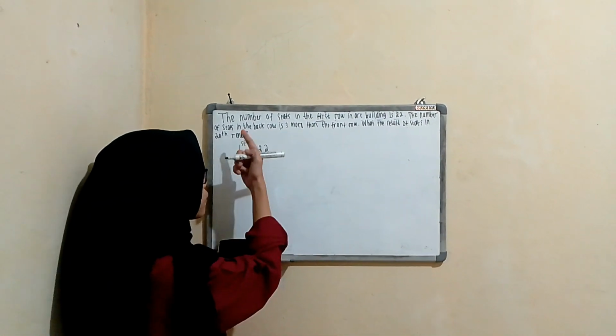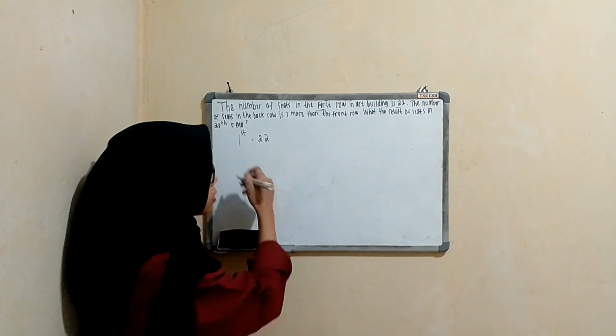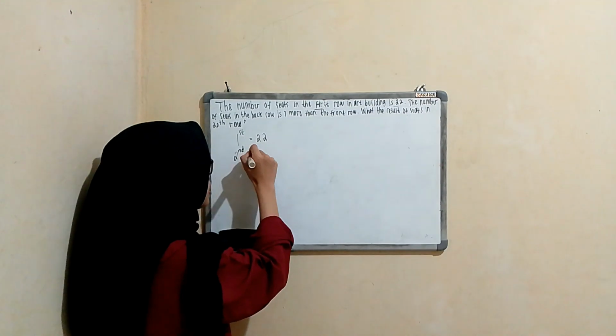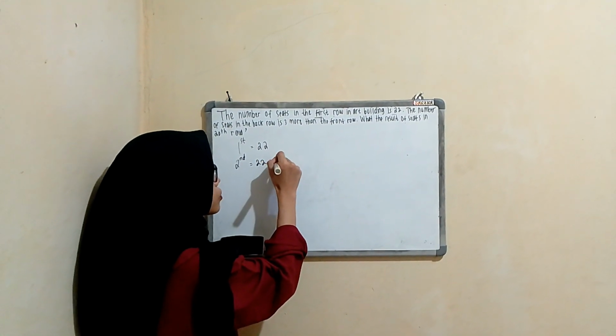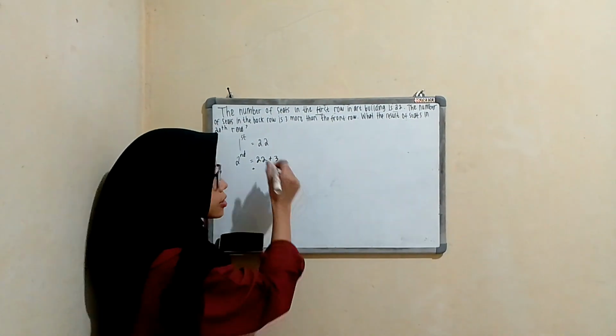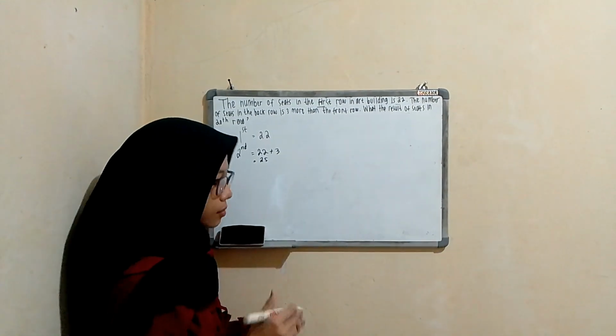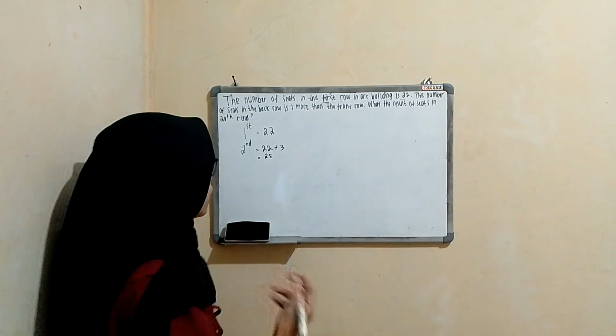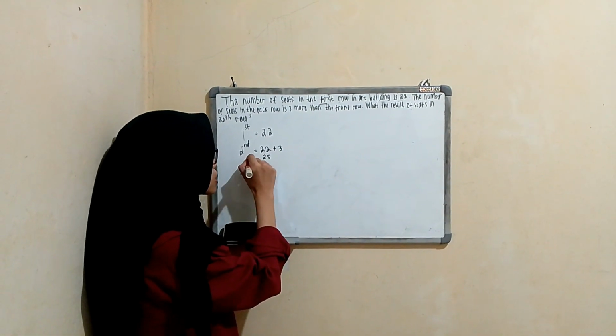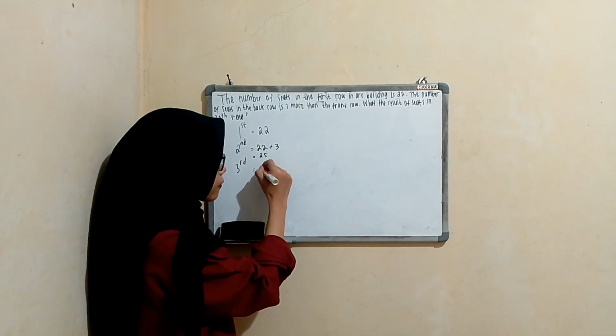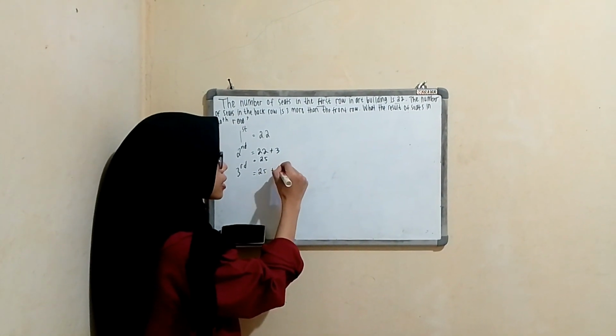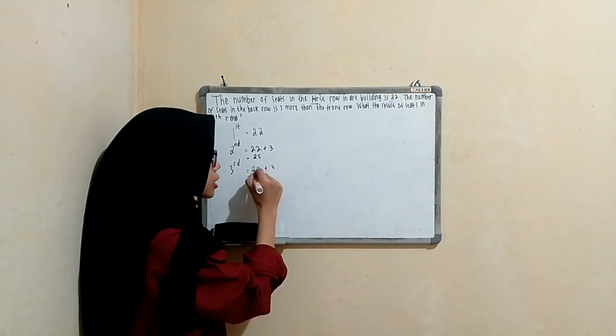So if the first row is 22, then the second row is 22 added by 3, and the result is 25. Okay, and now how about the third row? The third row is 25 added by 3, and then the result is 28.